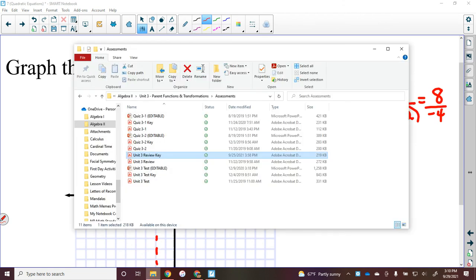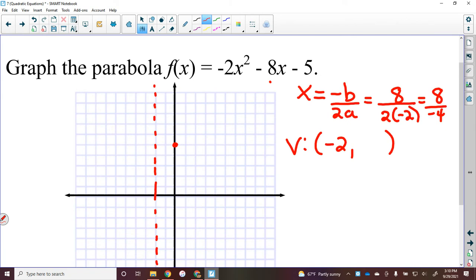What is the job of the axis of symmetry? Cut it in half. It's a mirror, isn't it? You could plug the two in. Right, but if I've got this point, can I just mirror it over here? Sure. The axis of symmetry is a mirror, right? And then you said plug the -2 into the function, right? And get the y?